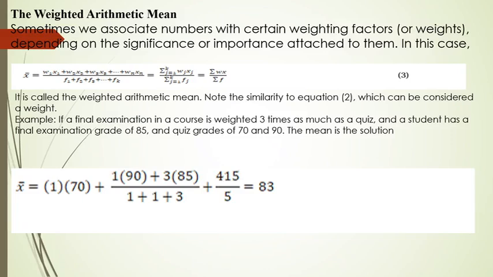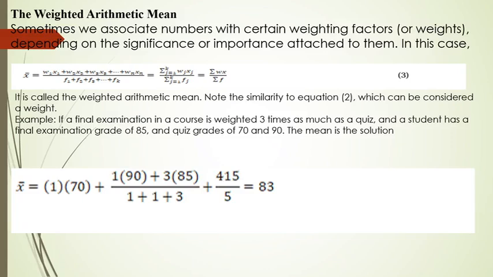So the quiz will be 1 times 70 plus 1 times 90 plus 3 times 85, because the examination is 3 times as much as the quiz, all over 1 plus 1 plus 3, which equals 415.